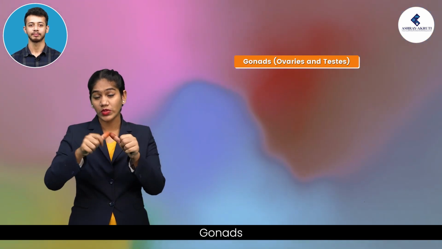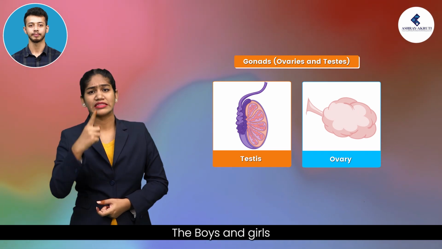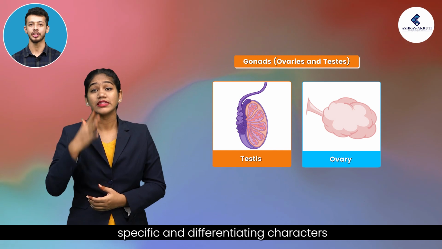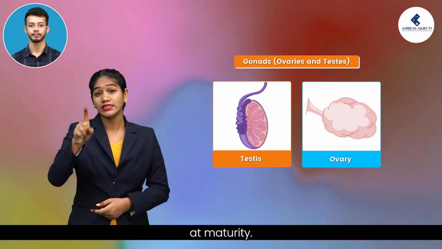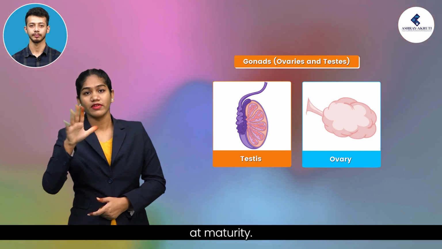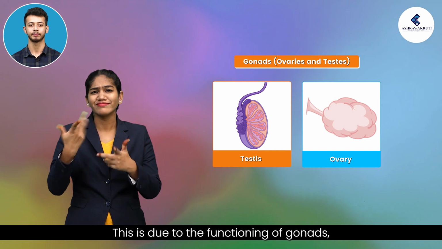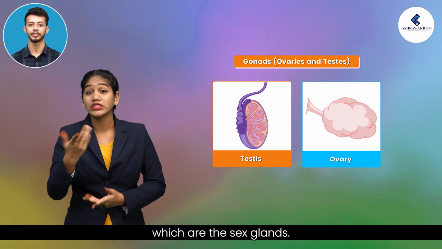Gonads. The boys and girls develop specific and differentiating characters at maturity. This is due to the functioning of gonads, which are the sex glands.